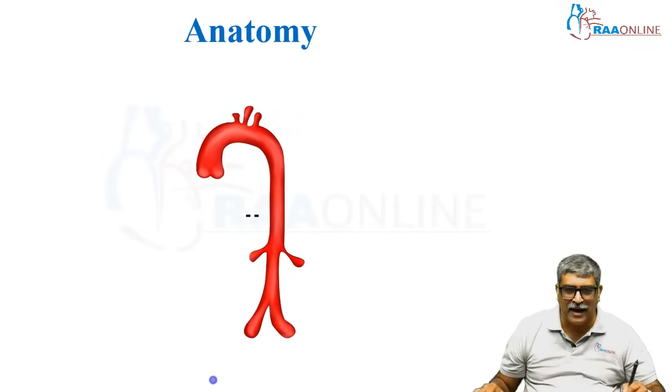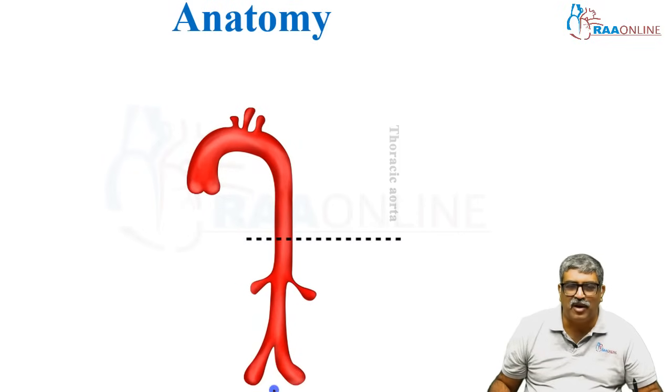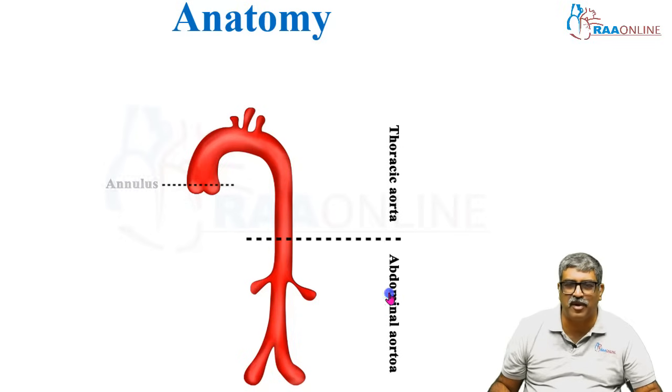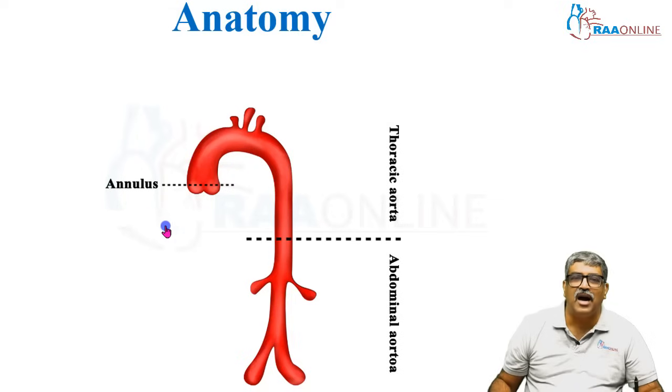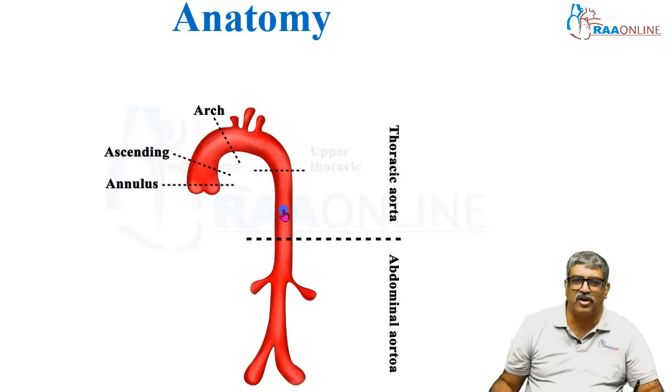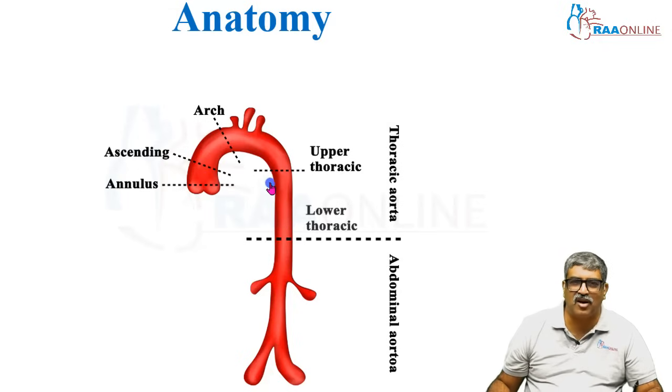Coming to the anatomy, you have the abdominal aorta and the thoracic aorta. Piercing the diaphragm, it becomes abdominal aorta from thoracic aorta. And the thoracic aorta comprises the annulus, ascending aorta, arch of aorta, and the descending thoracic aorta. This descending thoracic aorta can be upper thoracic or lower thoracic.